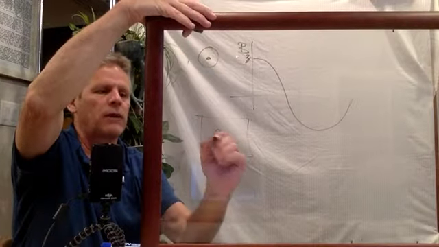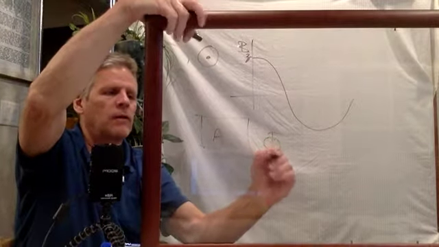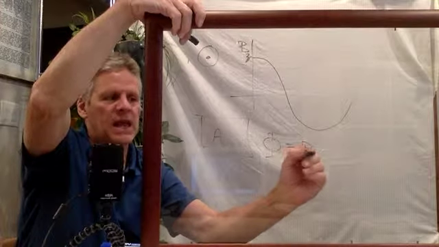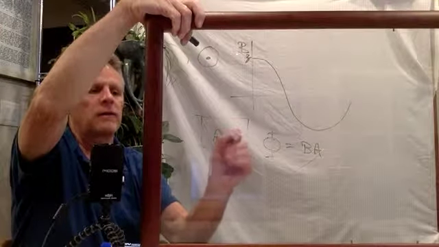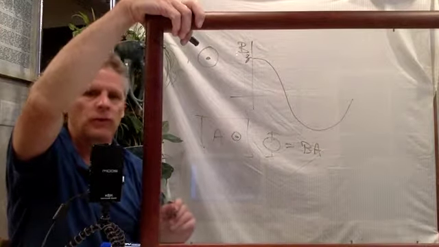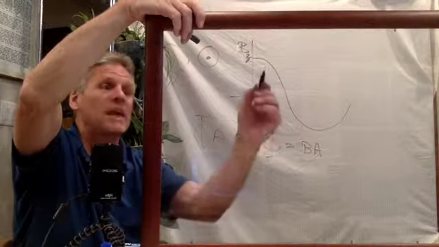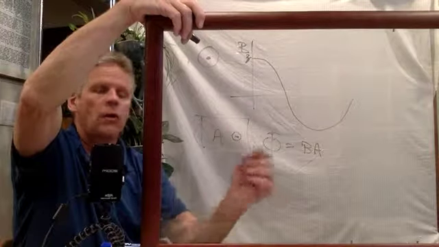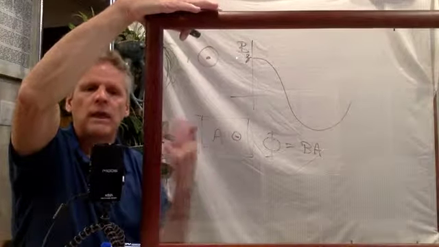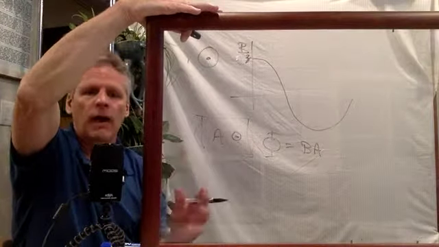My flux is just BA in this case, because I'm assuming B is normal to this area. So my flux is B times A, and B is changing. Is there any motion at all? Is there any qv? No, there is not.